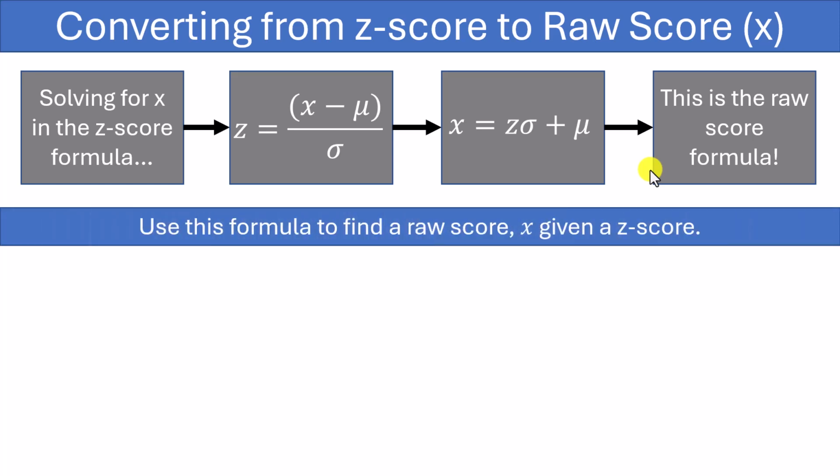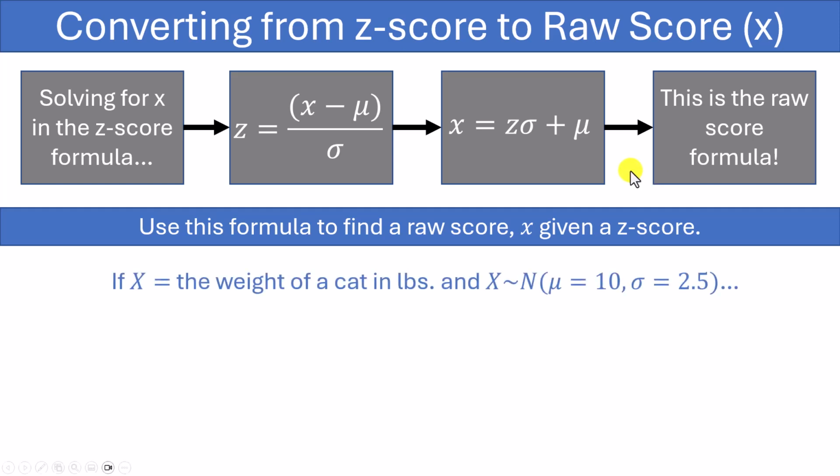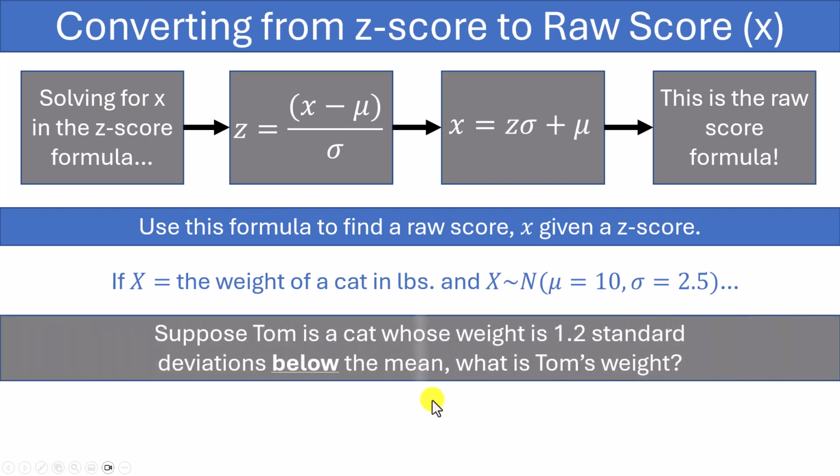So let's look at an example. Let's use this formula to find a raw score x given a z-score. If our variable x represents the weight of a cat in pounds, and x follows a normal distribution with a mean of 10 and standard deviation of 2.5, and we have another cat here, his name is Tom, and in this case, this cat is weighing 1.2 standard deviations below the mean. We don't know the weight, but we just know how many standard deviations we are below the mean.